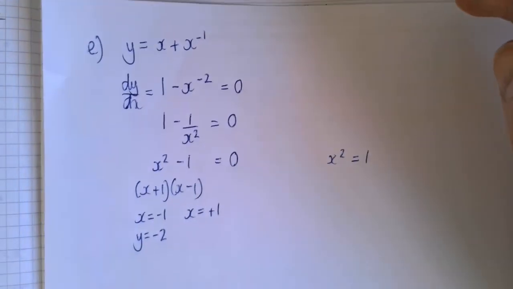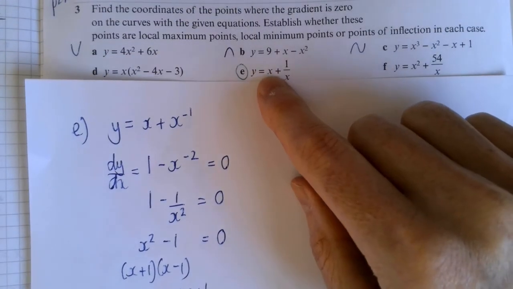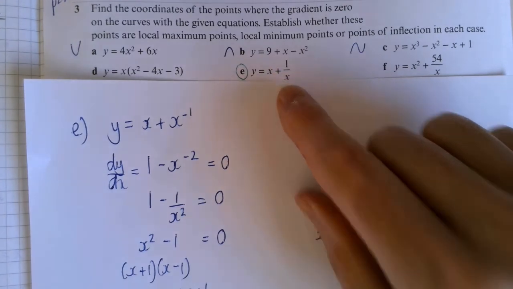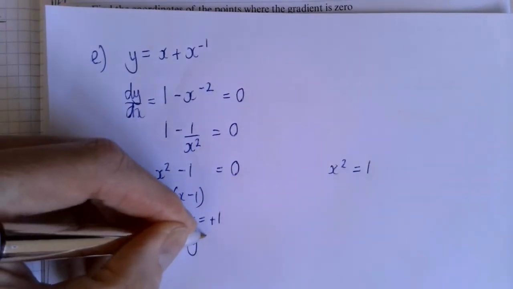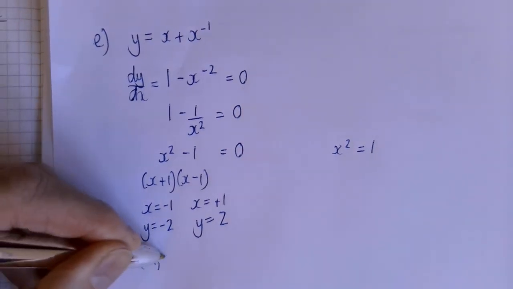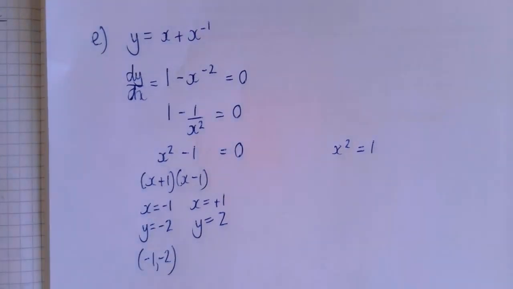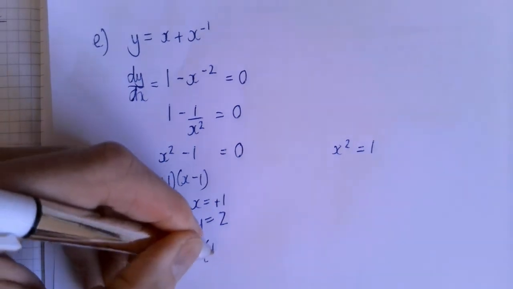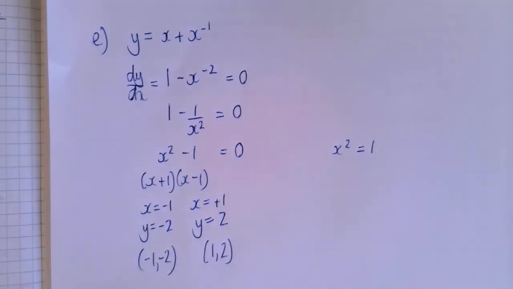Sorry, I know you can't see that, but there you go. And when x is plus 1, you get 1 plus 1 over 1 is 1, so you get y is 2. But use your calculator, not a problem. Minus 1, minus 2 then is 1 turning point, and 1, 2 is the other turning point.